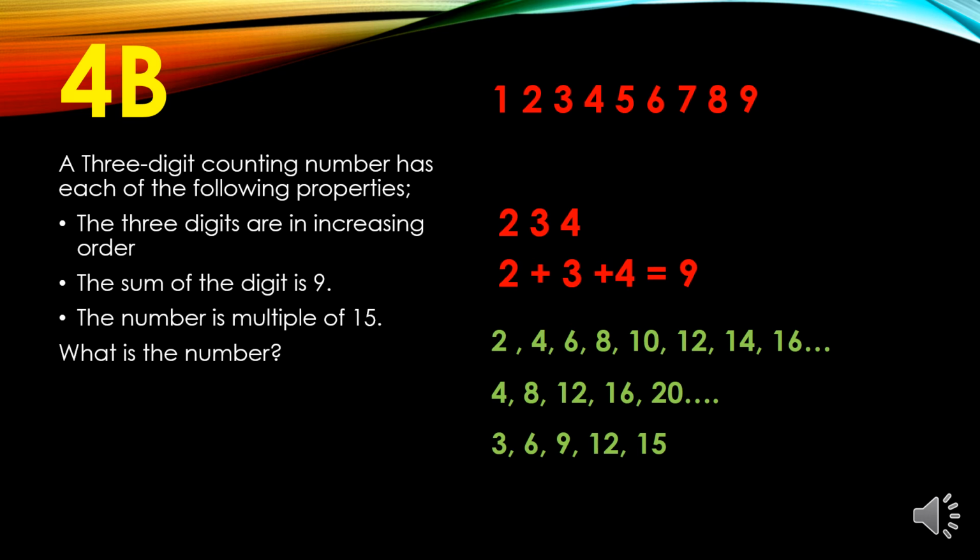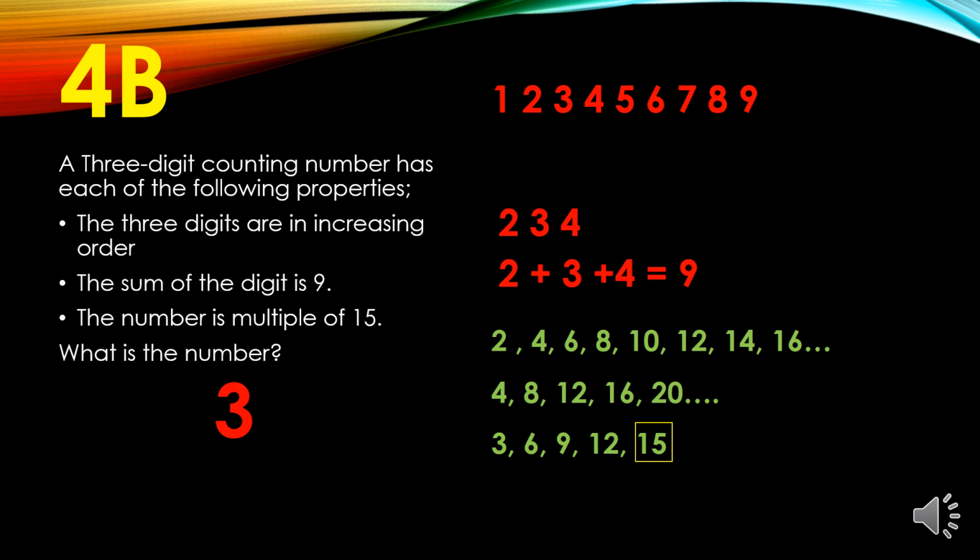Out of the three digits we have chosen from the first property, 2, 3, 4, which sum to 9, we are looking for one number. So that number is 15, because 3 has 15 as a multiple. So what is the number? The number is 3.